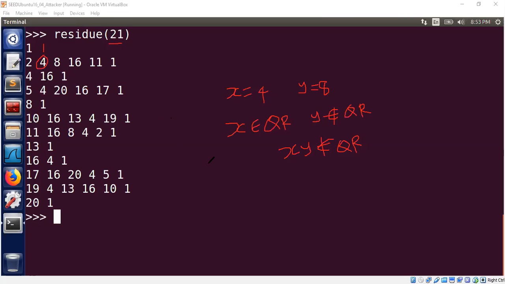If x and y both belong to the quadratic residues, for example 4 and 16, what is 4 times 16? 4 times 16 is 64, and 64 mod 21 must be 1. So the answer is 1, which is an element of the quadratic residues.